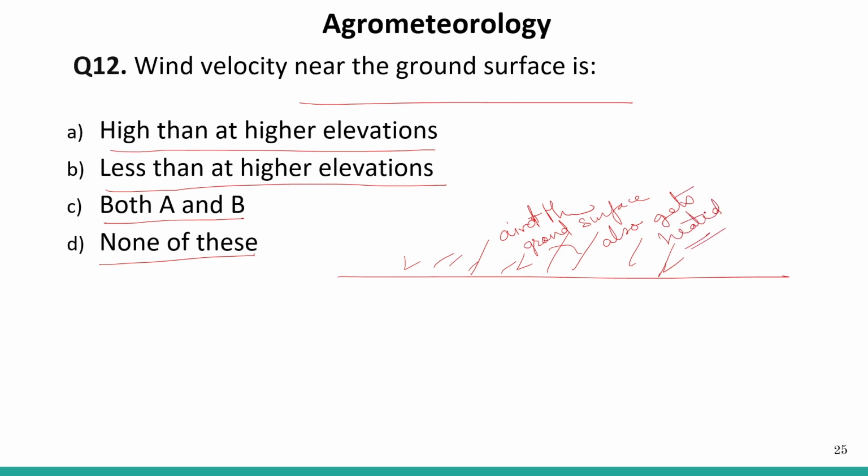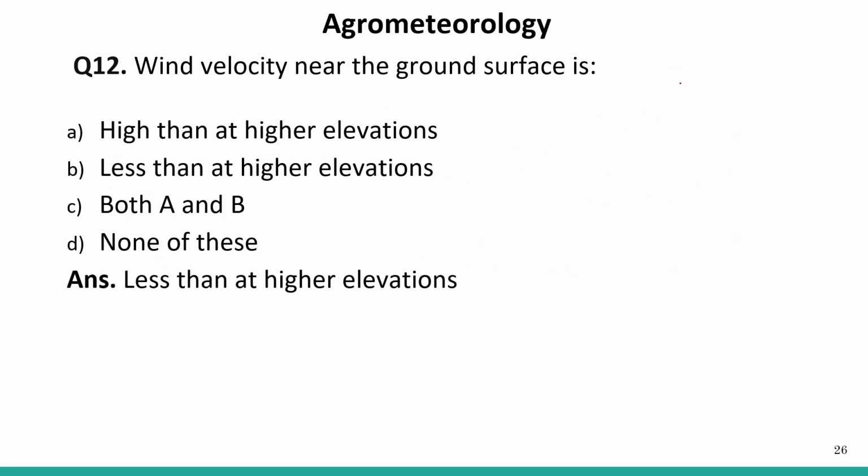So what happened? The air rises up. It becomes lighter and air rises up. So the wind takes away this air to the higher atmosphere.